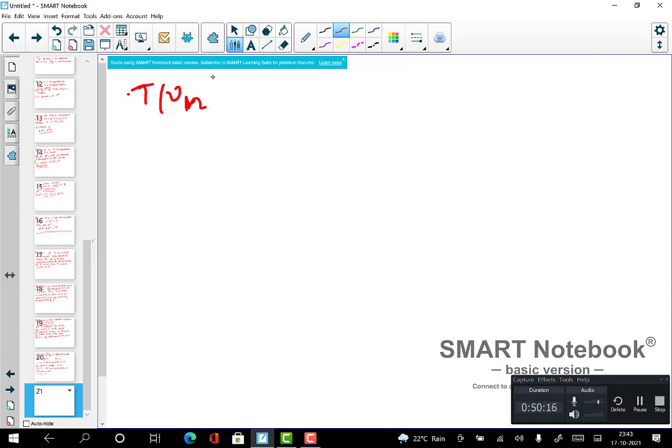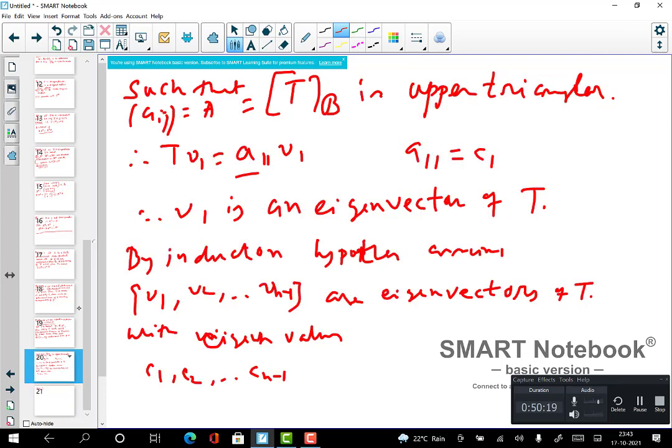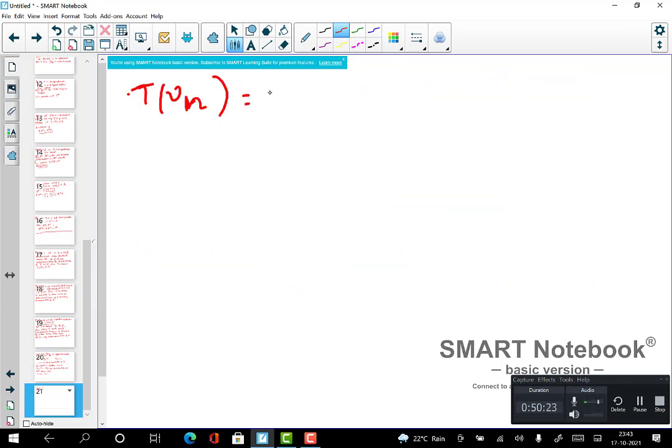Because T has upper triangular form, you can write it as a1n with b1 plus a2n into b2 and so on, and the last one is ann vn. This upper triangular form comes from Schur's theorem.